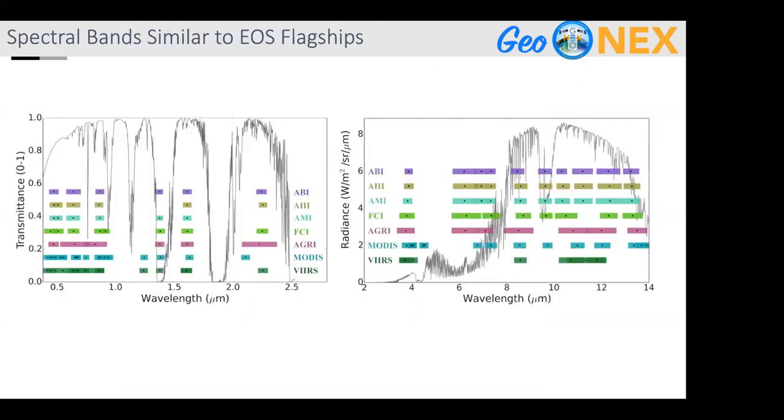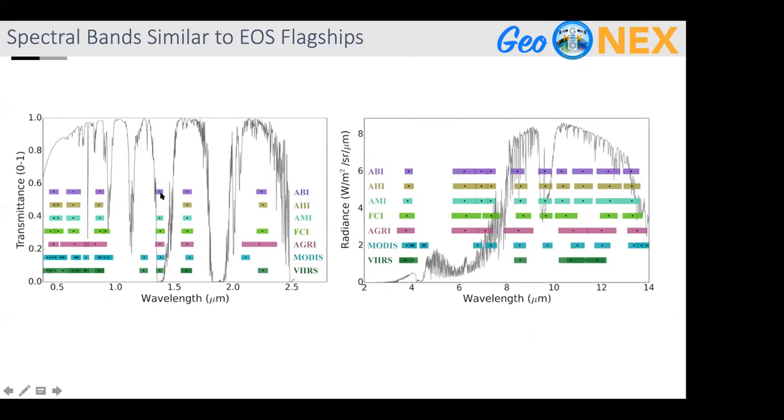So these are the spectral bands of the geostationary sensors compared to traditional MODIS and VIIRS. We notice these spectral bands are very similar to MODIS and VIIRS. For instance, here we have the red and the NIR. Those give us some information on the vegetation, right?